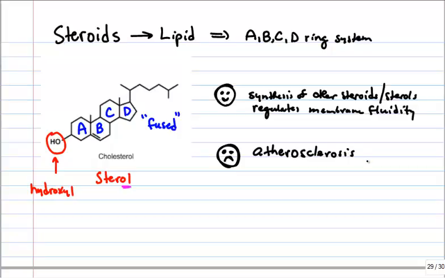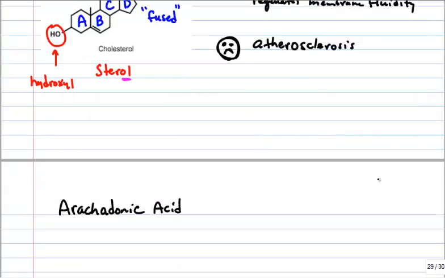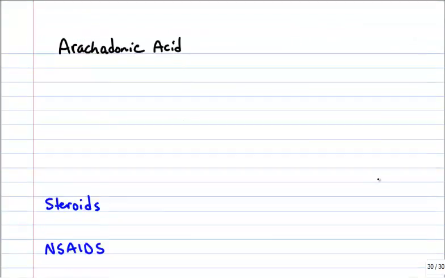We're also going to talk in this class period, which this is a pre-video for, about another important molecule called arachidonic acid. It's not a steroid, it's a fatty acid, but we're going to tie steroids and arachidonic acid together. We'll see the structure in class; it's a kind of strange structure. It has 20 carbons.